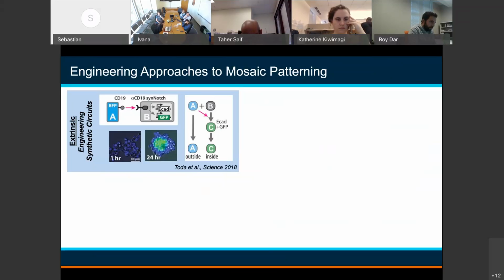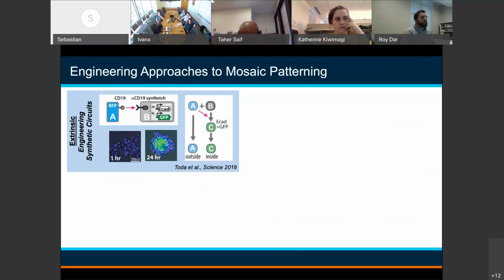I know Sebastian touched on this briefly as well, but the idea is that through cell-cell interactions, you can cause a subpopulation of cells to overexpress E-cadherin. This is happening in mouse fibroblasts, and eventually causes organization of these cells. And this is a great proof of principle to show that mosaic patterning can occur through manipulation of cell-cell adhesions.